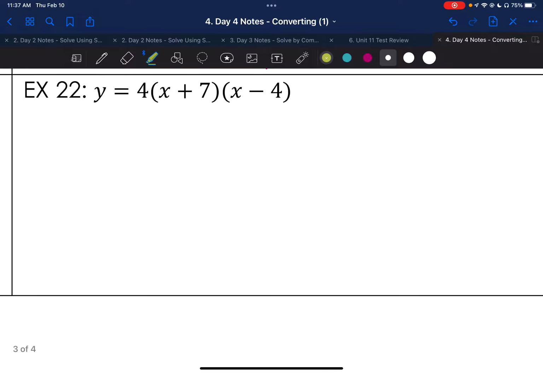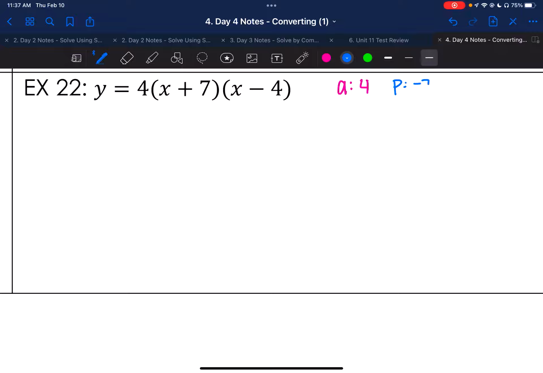And last but not least, example number 22. First up, identify a, which is 4, p, which is negative 7, and q, which is positive 4. To find my axis of symmetry, I'll add my p and q values together and divide that by 2, which gives me negative 3/2. And then I'll find my y value by plugging it in.